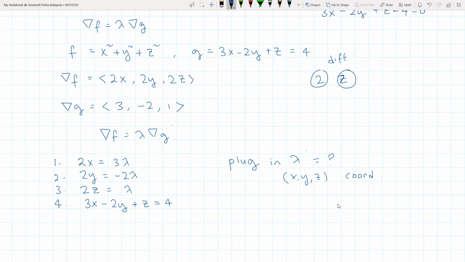Is it minimum or maximum? It can be minimum or it can be maximum, because lambda is only a single value, but it is definitely an extremum.